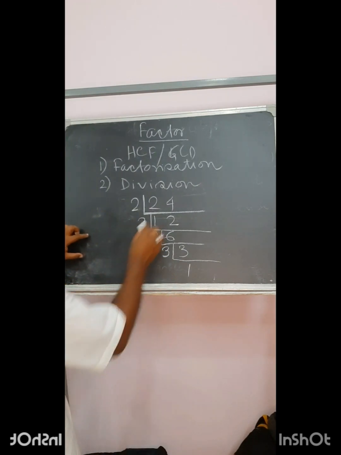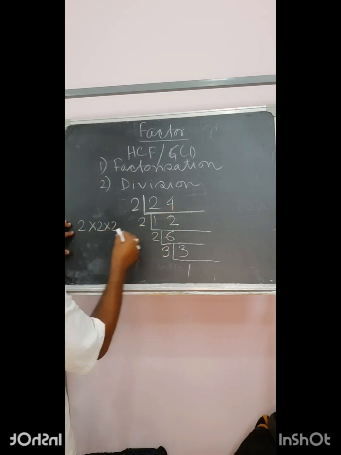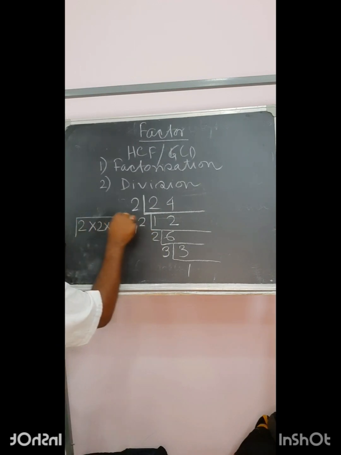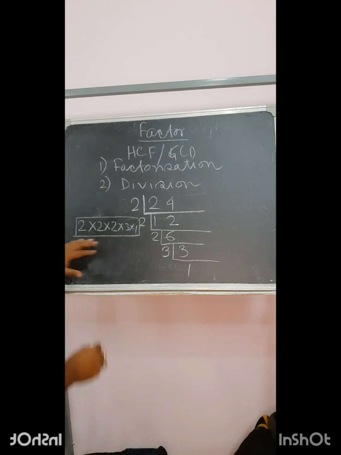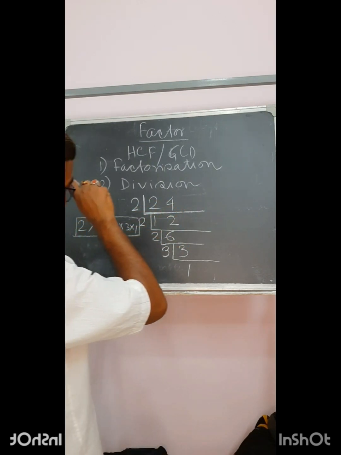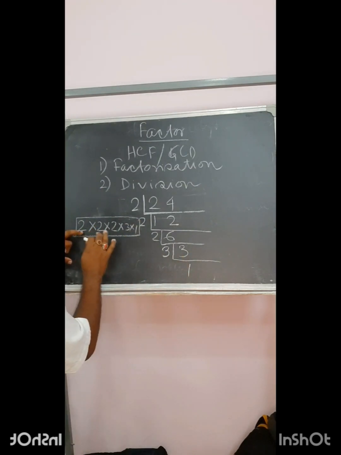So the factors of 24, I could say, are 2 into 2 into 2 into 3 into 1. Now see, these are the numbers by which I will get 24. But with these numbers I can make any two numbers which will give you 24.